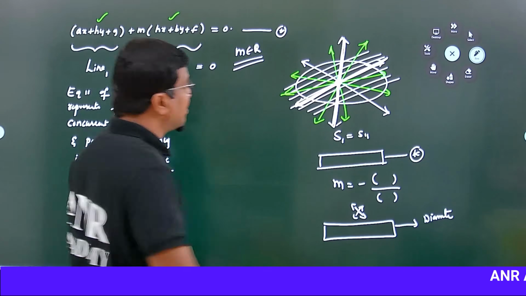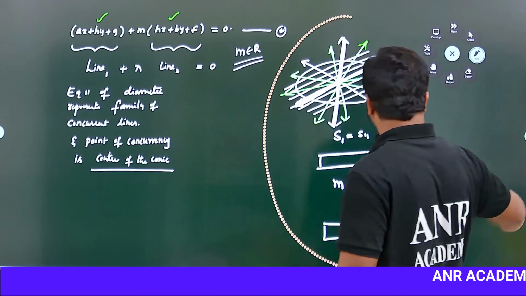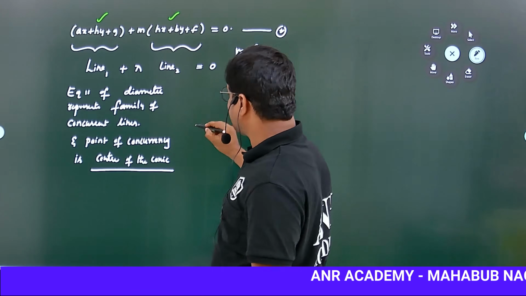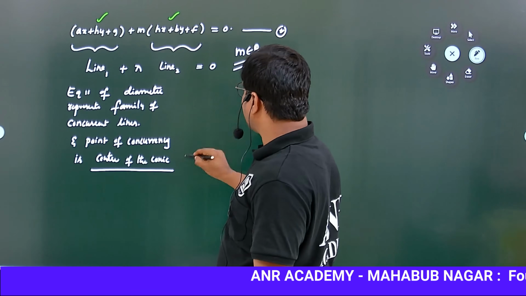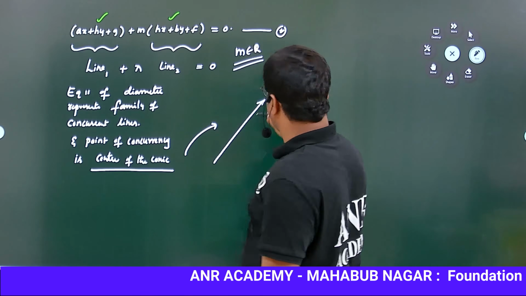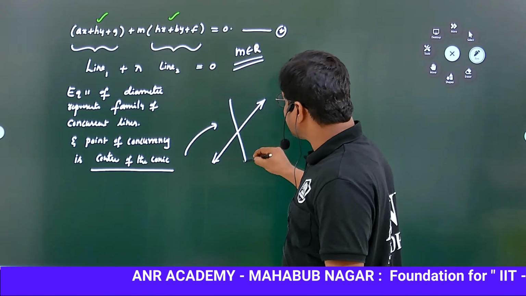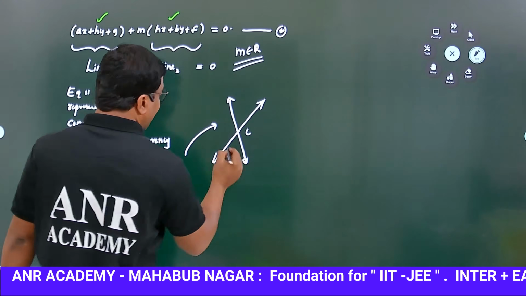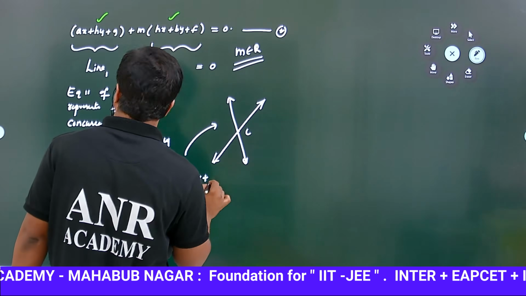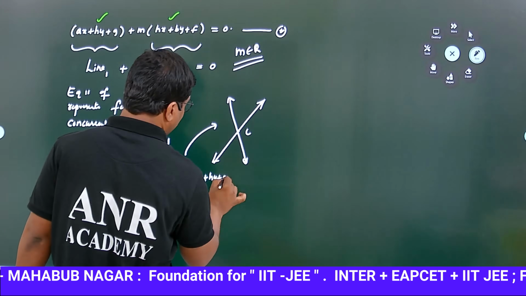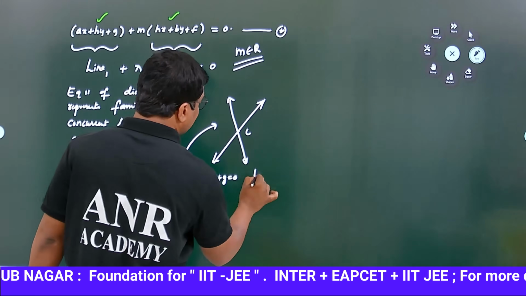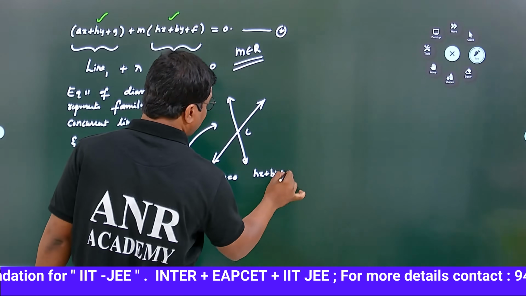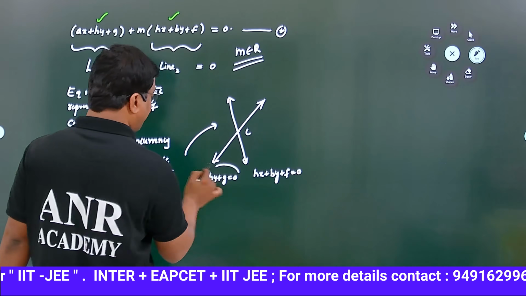And let us observe also, you know that the center is clearly the intersection of these two lines, the intersection of the first equation plus lambda times the second equation. The first equation, ax plus hy plus g equals 0, the second equation hx plus by plus f equal to 0.